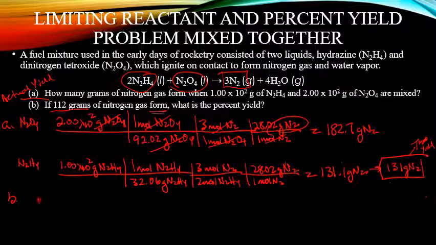So to solve for the percent yield, I can take the 112 grams of N2 divided by the 131 grams of N2 and multiply by 100%. And if we plug those in, we end up with 85.5%.